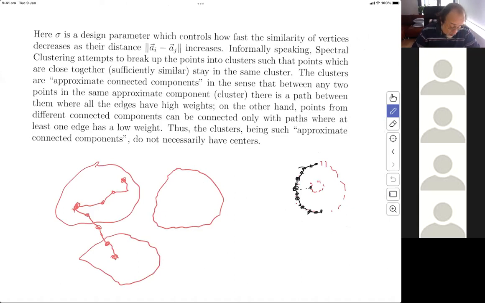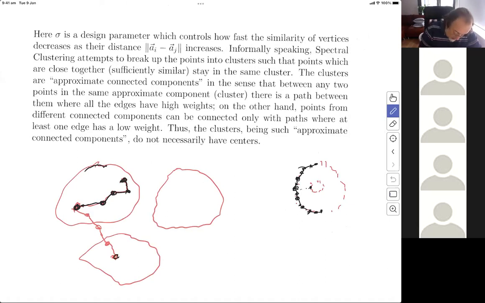And so how do we explain spectral clustering? The clusters are approximate connected components. What does this mean? It means that for any 2 points in the same cluster, you can walk from one to the other using only edges with high weight.